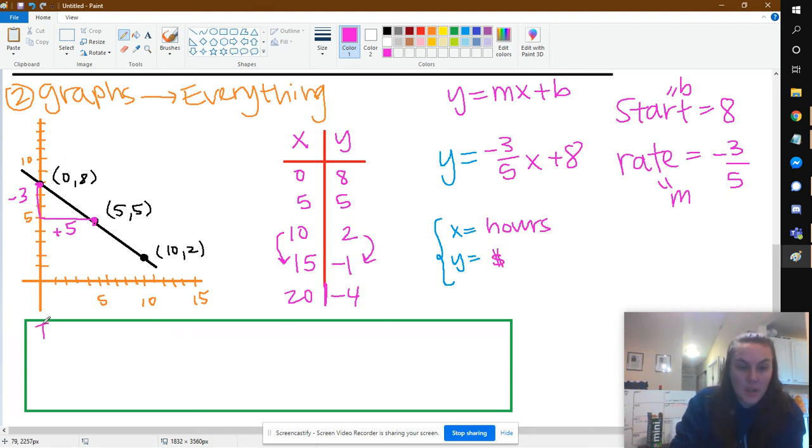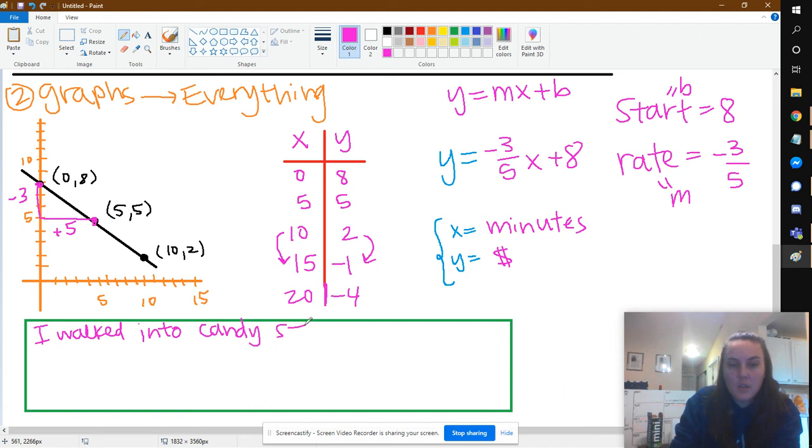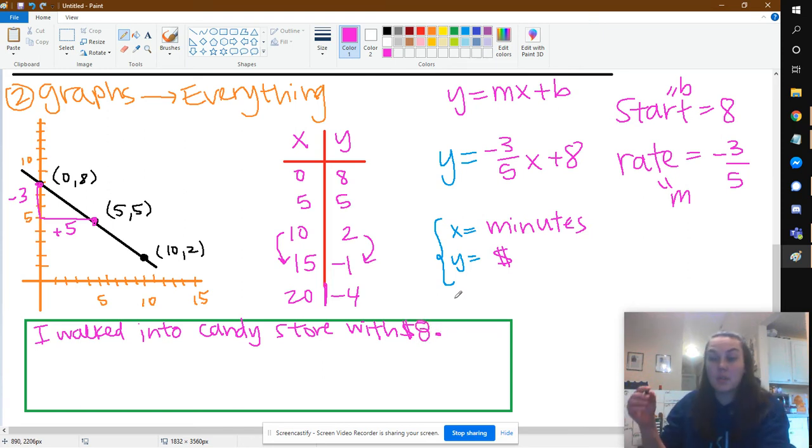And then we'll say I walked, let's say minutes and dollars, because I'm thinking I walked into a candy store, because I'm still on candy, with $8. Right? I go into the store, I've got $8. That's my starting point.